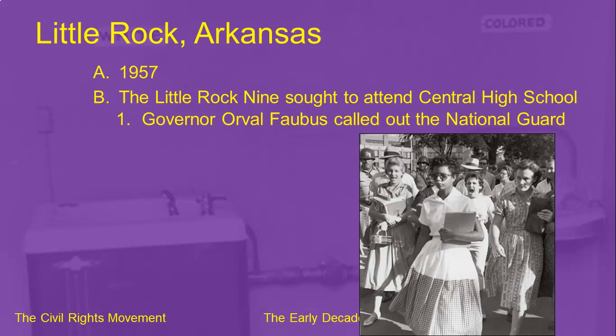And so the governor of Arkansas, this man named Orville Faubus, called out the Arkansas National Guard because there was an emergency. These 9 African American kids were trying to get into school. And so the National Guard surrounded the high school to prevent these 9 students from going to school.